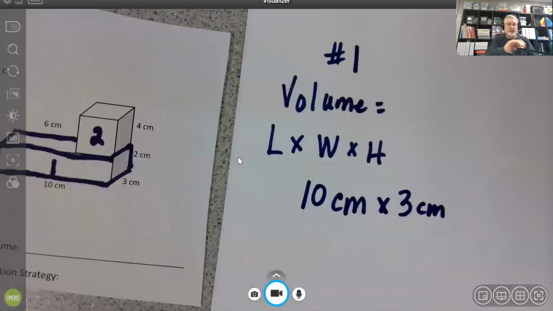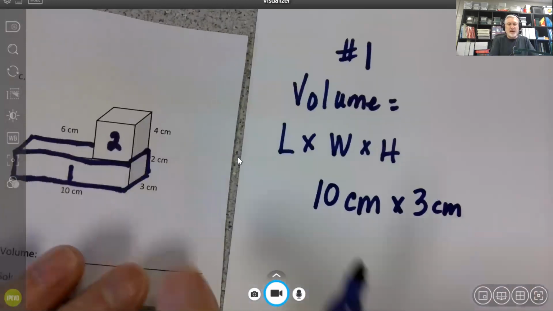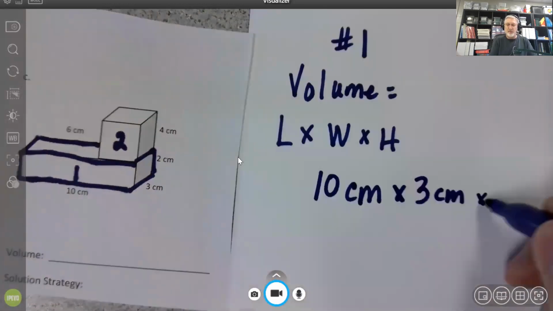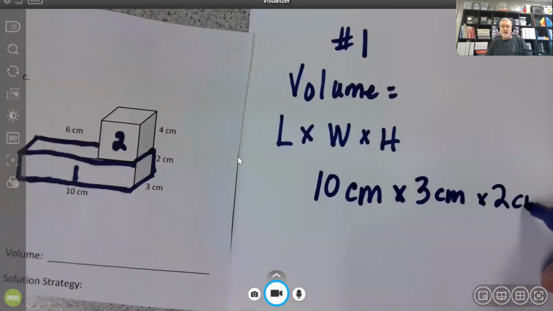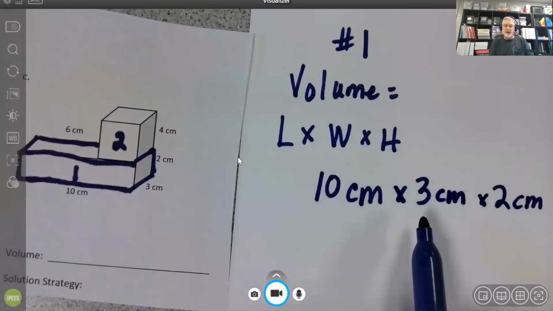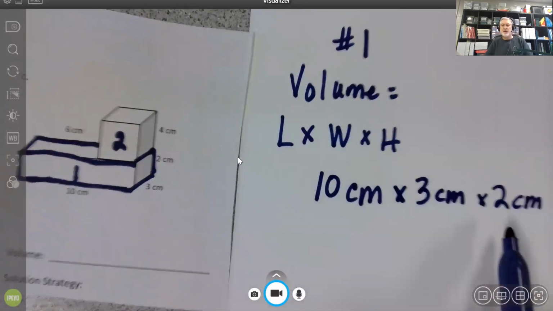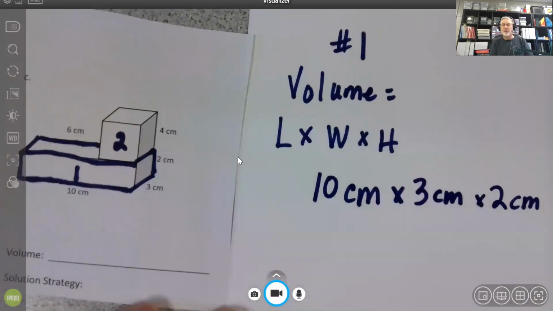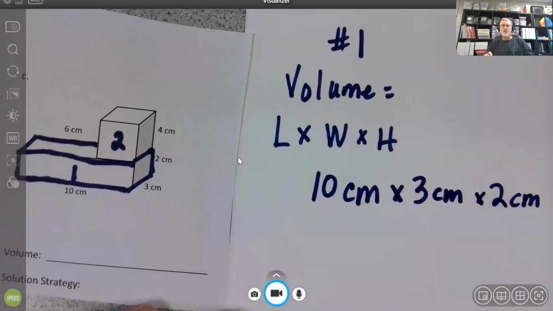And then the height is in the back here. It goes up 2 centimeters. So I'm going to multiply that by 2 centimeters. So I have 10 times 3 times 2. And again, you can figure this out any way you want. You can multiply them in any order because of the commutative property.